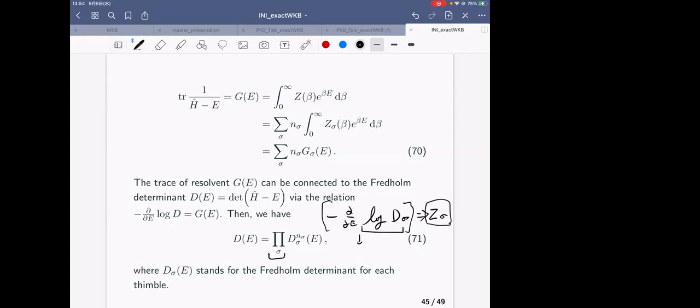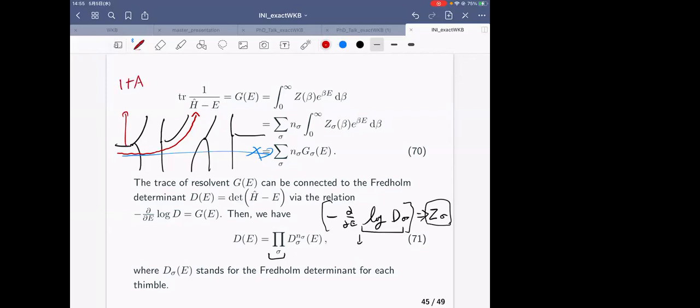Yes, but in some cases we can do more. This is the Stokes curve of the W potential, and when we consider this analytic continuation, then this red line gives this factor here.